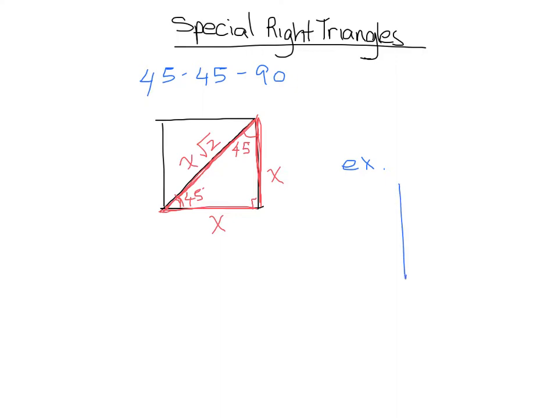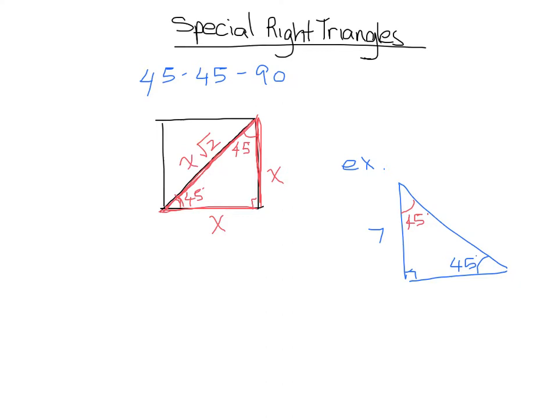Alright, so let's say we have a triangle, and we know that this is 90 degrees, and this is 45 degrees, and I tell you that this side is 7, and I ask you to find everything else. Well, let's start off with the missing angle. If this is 45 and this is 90, this has to complete our 180 degrees, so this is also 45.